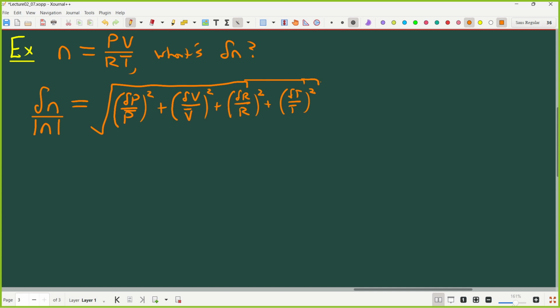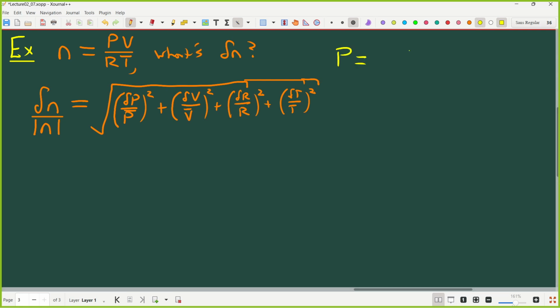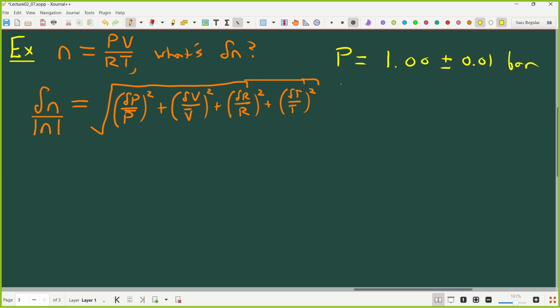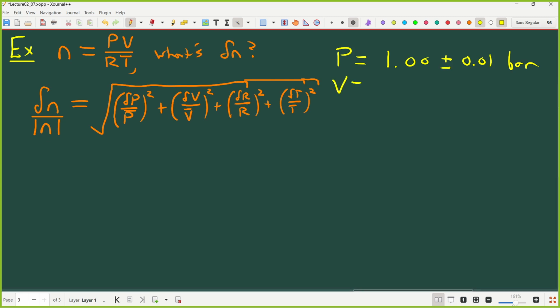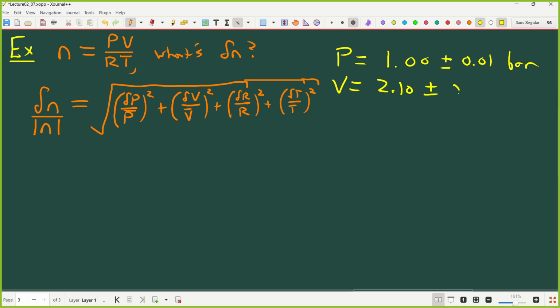Okay, so let me write down some numbers. We need to measure something, right? So we'll measure P. P we measure to be 1.00 plus or minus 0.01 bar. So basically atmospheric pressure. We'll say the volume of our container that we measure of water is 2.10 liters, plus or minus 0.01 liters.